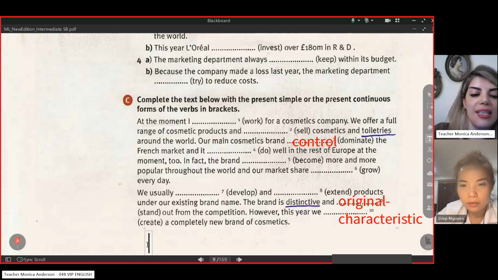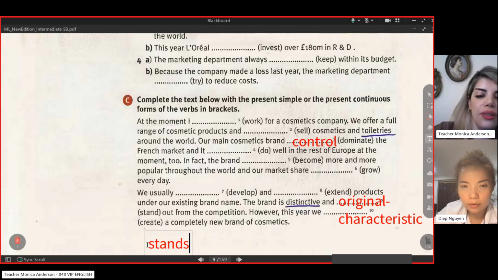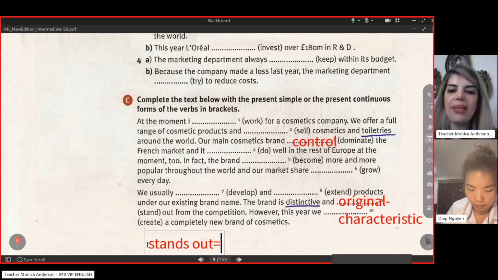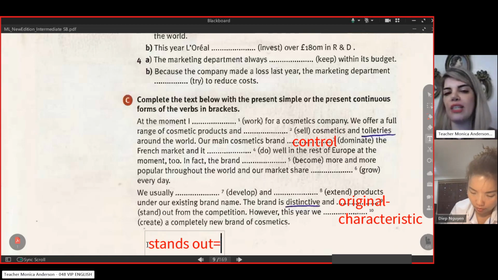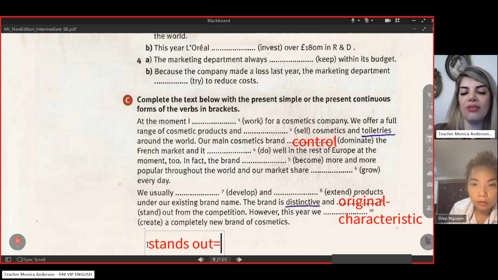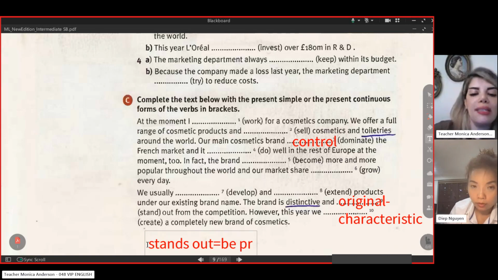So this is present simple, stands out. What does it mean, stand out? Let me say the meaning of this word, then I will explain why this is present simple, not present continuous. Stand out means be prominent.